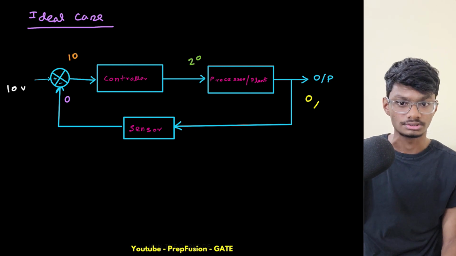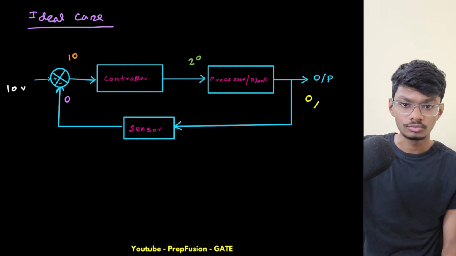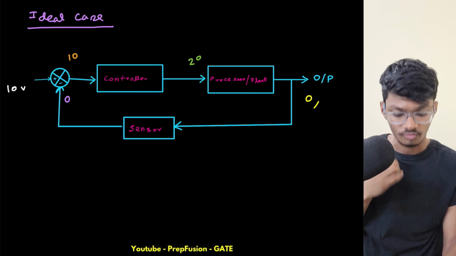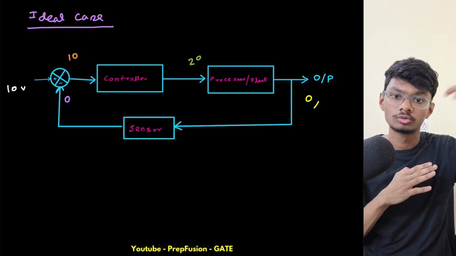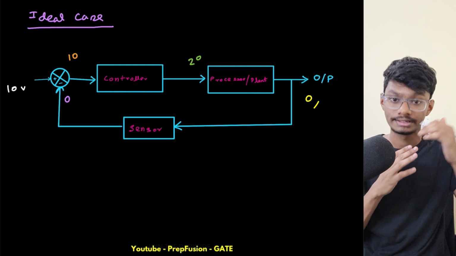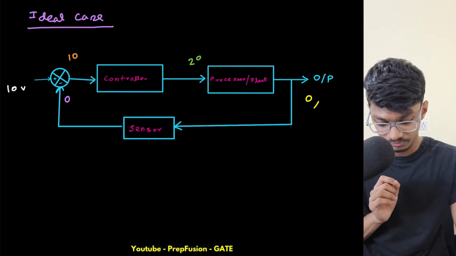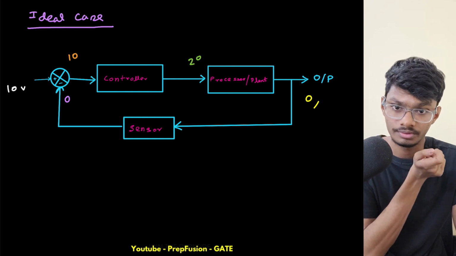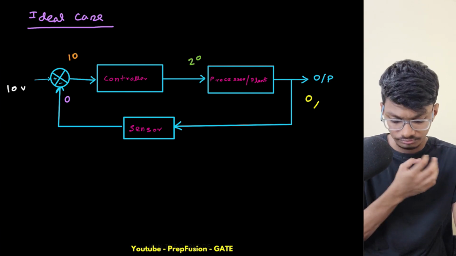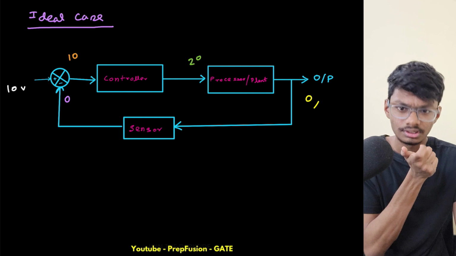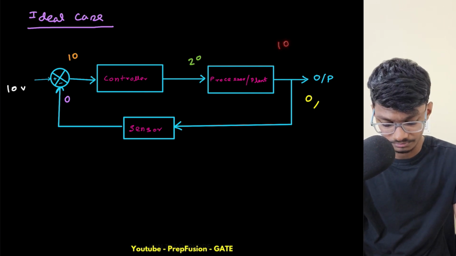No, it takes some time to reach the highest speed. So this motor will try to reach 2000 rpm but will not reach it instantly. So let's say it reached 100 rpm.